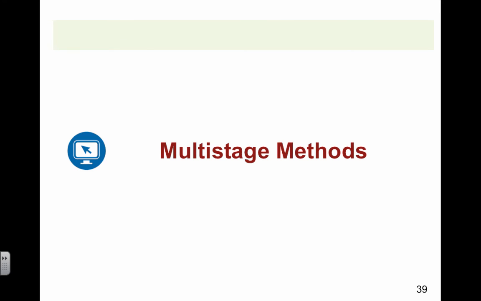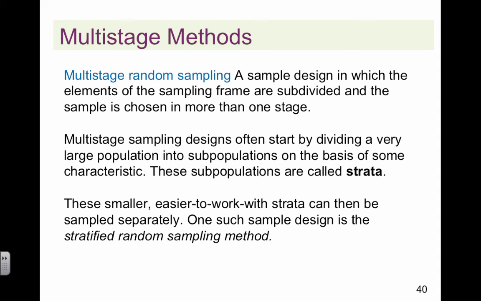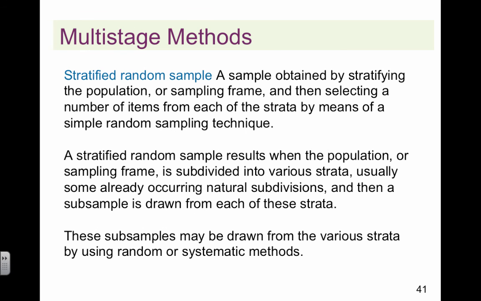What about multistage methods? A multistage sample is one where we divide our big group into smaller groups and then choose from among those groups. Those subpopulations, that first set of smaller groups, are called strata. So a stratified random sample is obtained by separating a population into subgroups and then choosing from those subgroups.